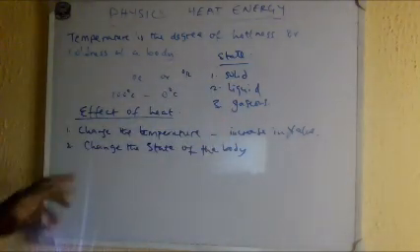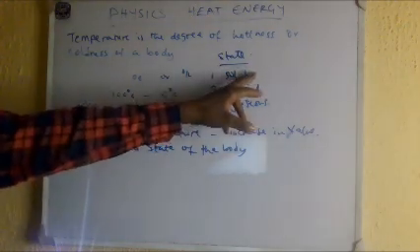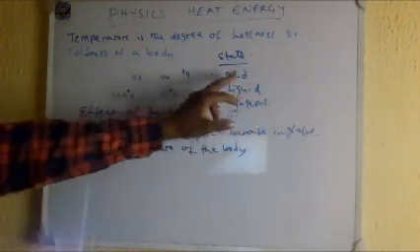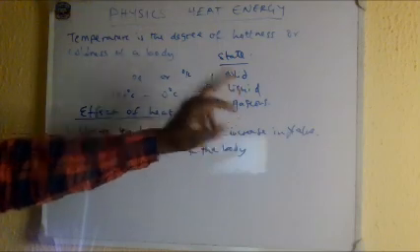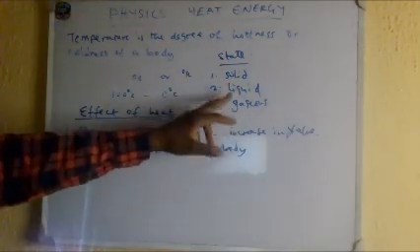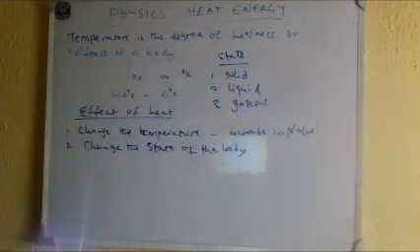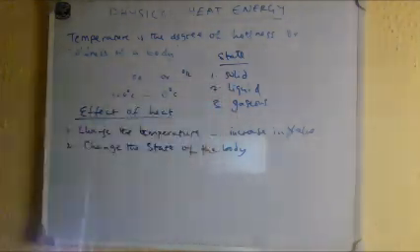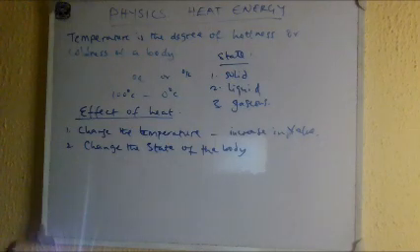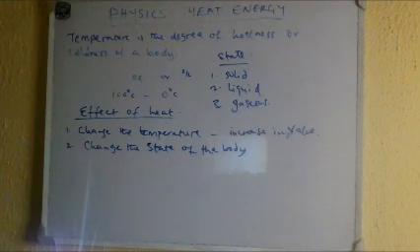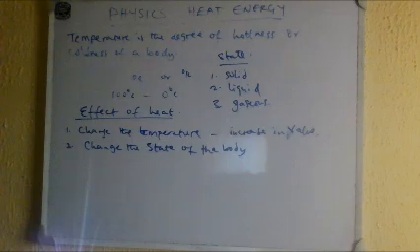So if, for instance, heat is applied on the body when it is in solid form, it will go to the liquid state. It will melt. Or if you continue applying the heat on the liquid, it will now become gaseous. The molecules of the body will gain more energy to break the force that is keeping them together. So the second effect of heat on the body is the change of state.